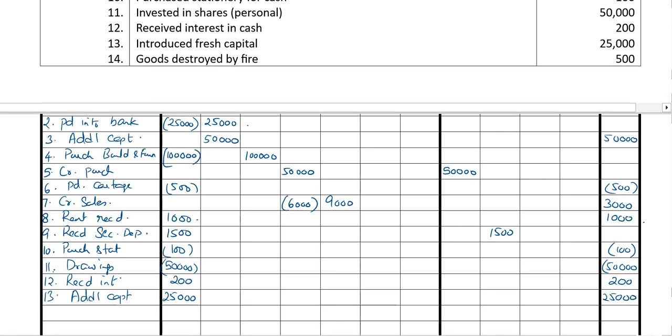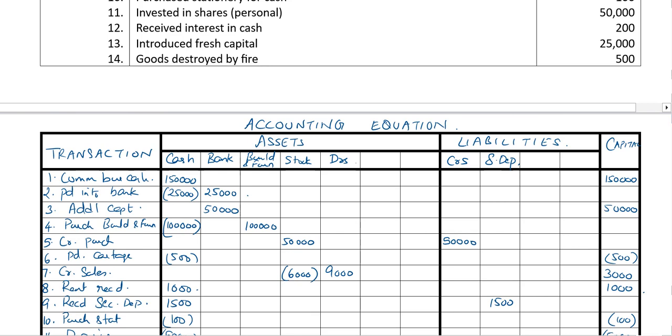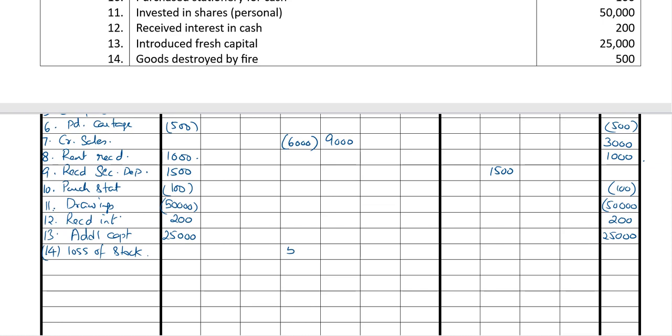And last transaction, goods destroyed by fire, loss of stock. We need to deduct from stock. Stock is the fourth item under assets, 500, and it's a loss, so we deduct from capital.